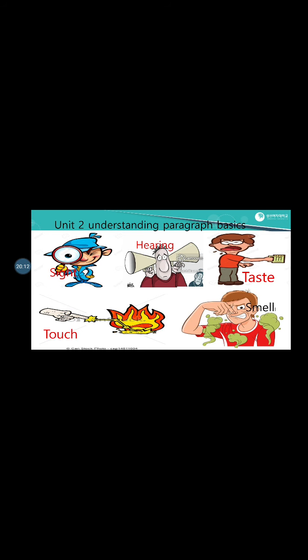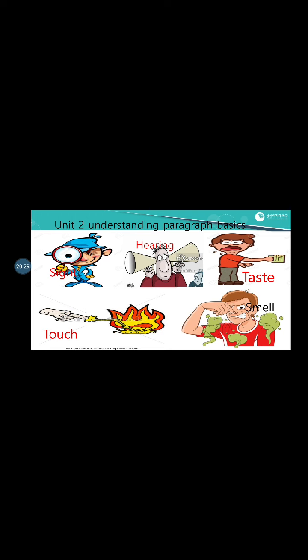Okay, students, so here you go. These are the 5 senses. We have sight. We've got somebody looking through a magnifying glass there, so that is obviously sight. Then we've got somebody who is not very good at hearing.